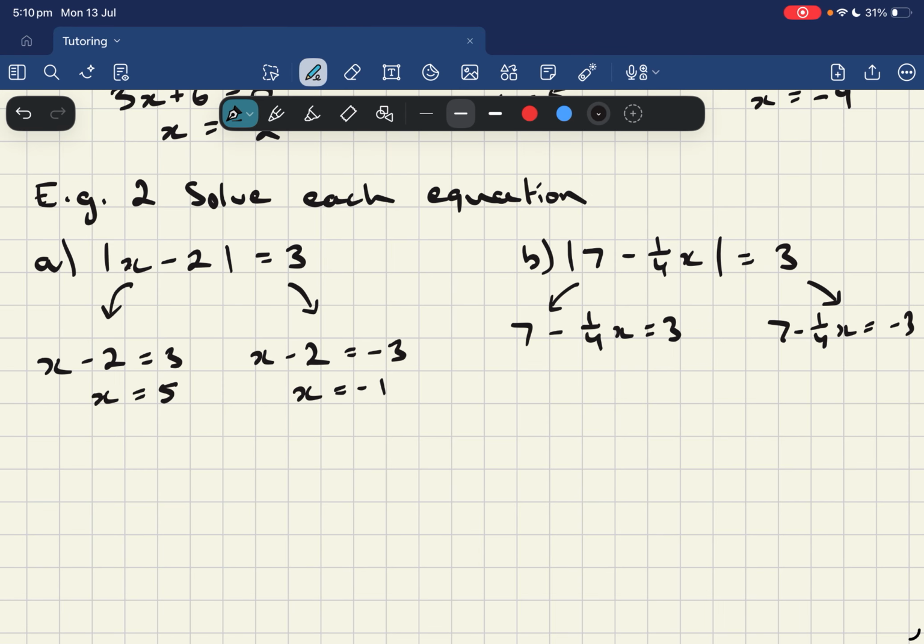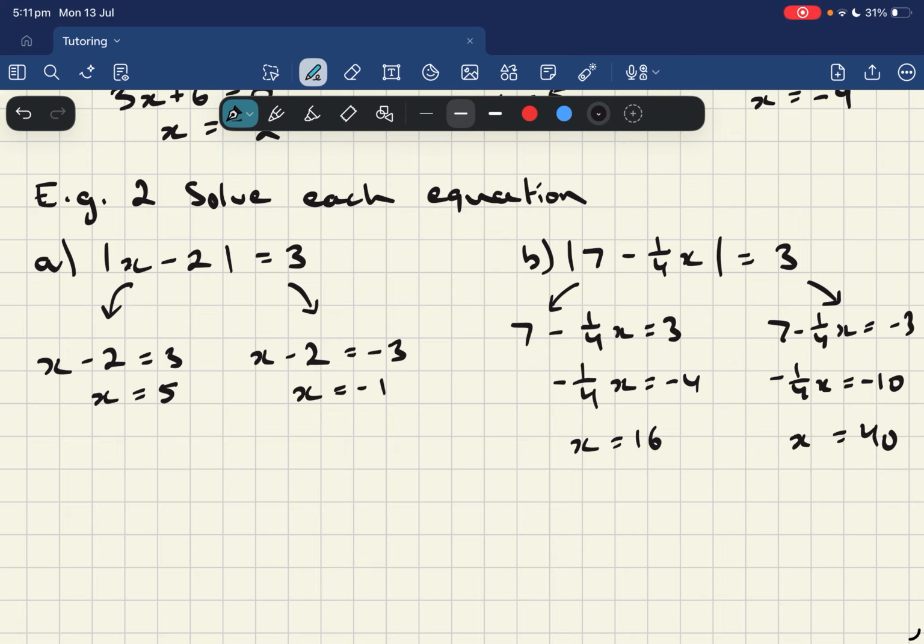Solving this first one, we get minus a quarter x equals minus 4. So x equals 16 when we divide both sides by negative a quarter. And the next one is minus 1 over 4 x equals minus 10. And then when we divide both sides by negative a quarter, we get that x equals 40.